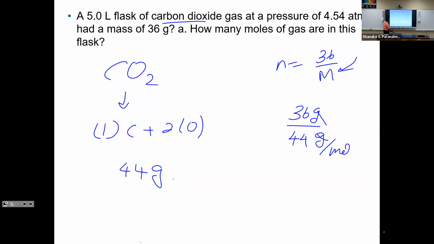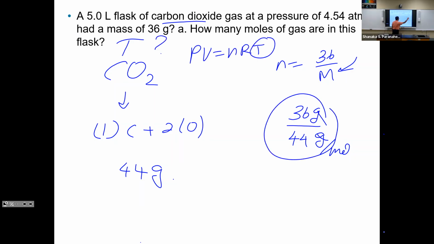Okay, so let's calculate temperature. Temperature is not given, so what is the temperature? It comes from PV equals nRT. Solve for temperature. You can find the number of moles from this, so it's going to be simple then.